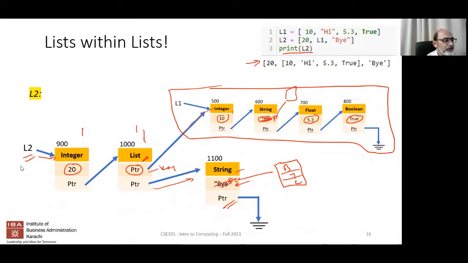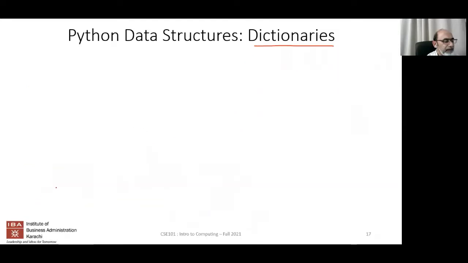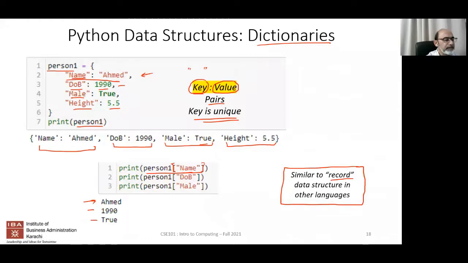Okay, so if you think about this structure over here, and you think about the structure of a person, this doesn't at present have a pointer. All it has is the actual contents.